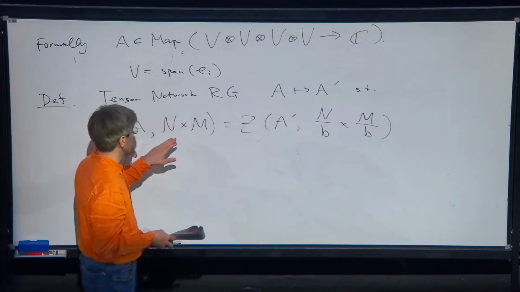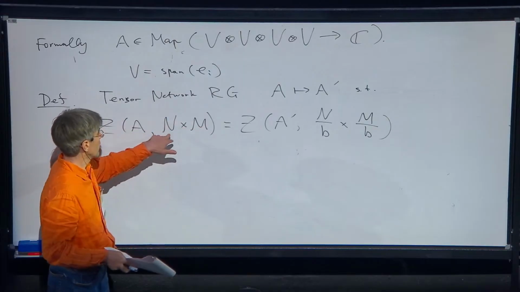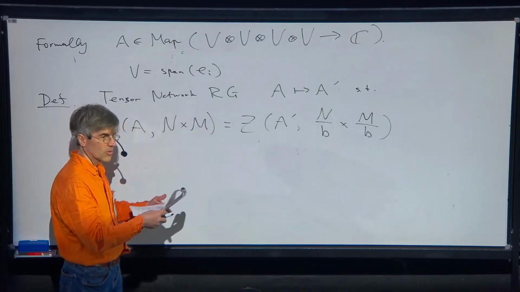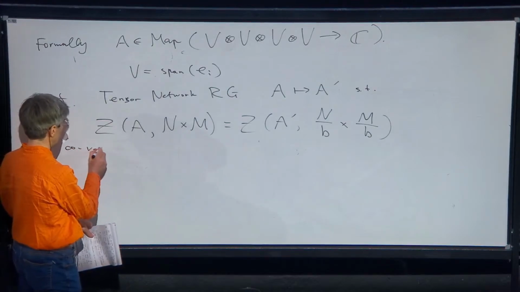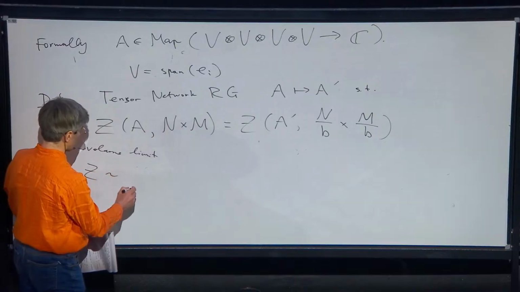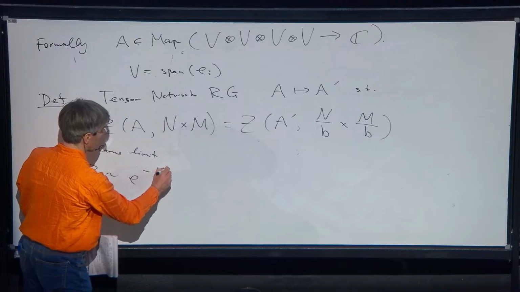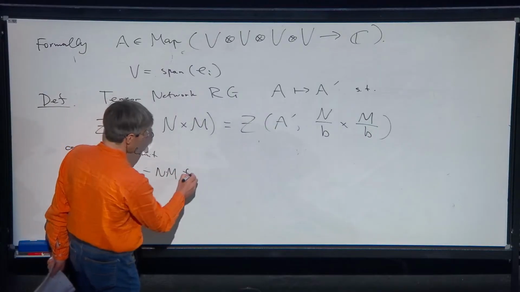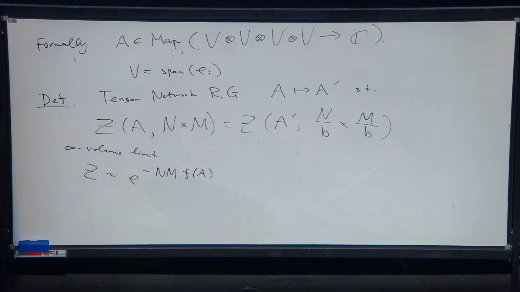This is going to be quite easy, because to have an infinite volume limit, I have to show that the partition function Z, when n and m scale to infinity, has to scale as e to the minus the volume of my lattice n times m times the free energy f, which depends only on the tensor A, but not on n and m. So this would be a good infinite volume limit.